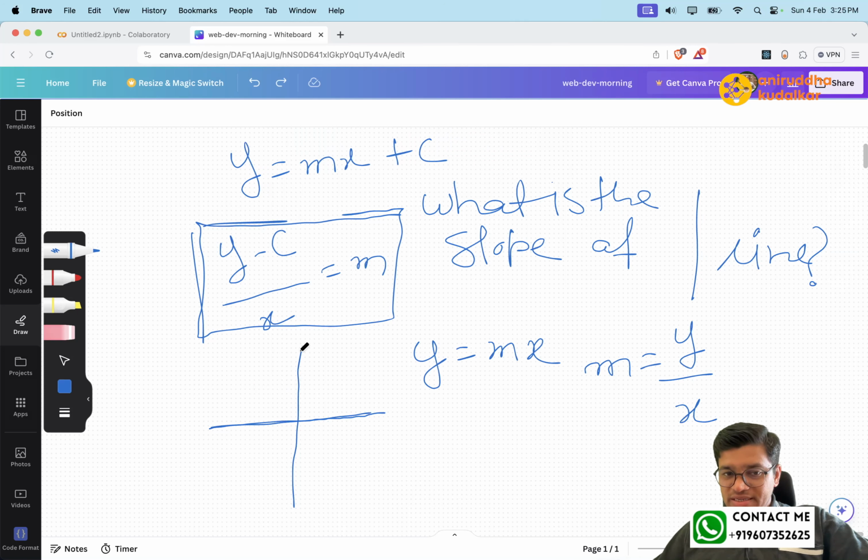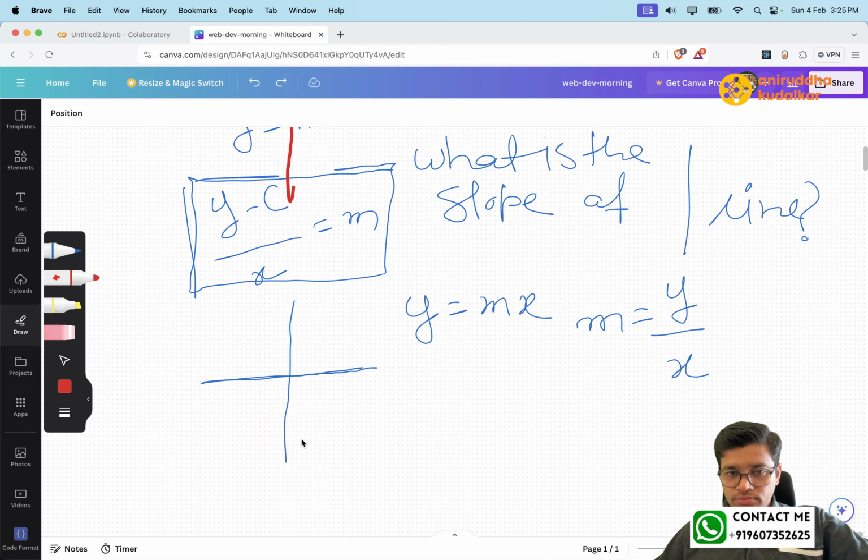Now the reverse is the case. This is the vertical line we have.